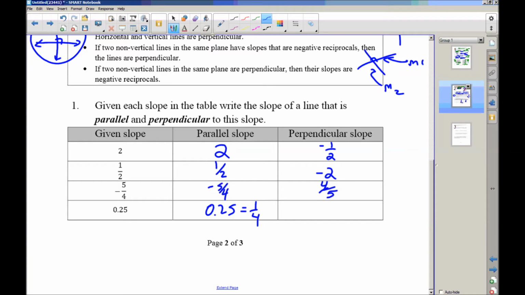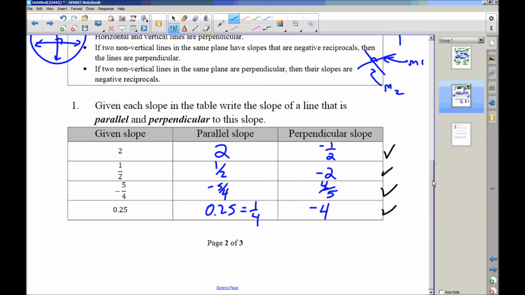Flip that fraction upside down, it becomes 4, and it was positive, so we change it to negative. Okay? So notice for parallel versus perpendicular slopes, always opposite signs. So on our first line, we have a positive and a negative, and a positive on the second one, a negative and a positive on the third one, and a positive and a negative on the fourth one. They're opposite signs. If one's positive, the other's negative. Okay? And then also, all the fractions are flipped upside down. That's what makes it be perpendicular.